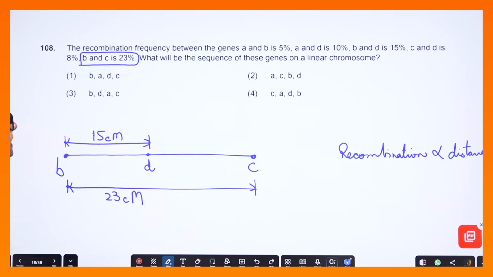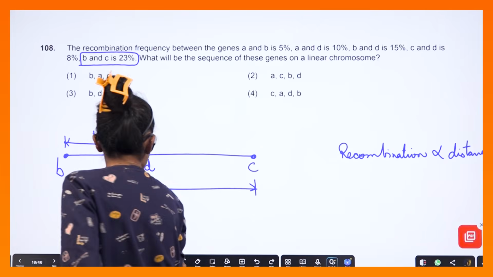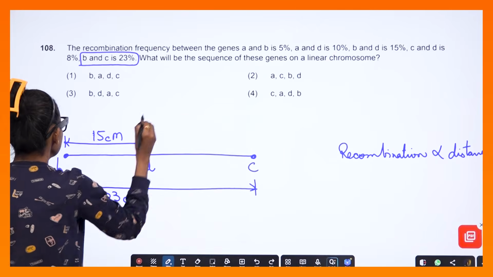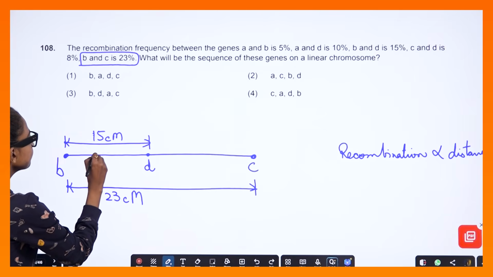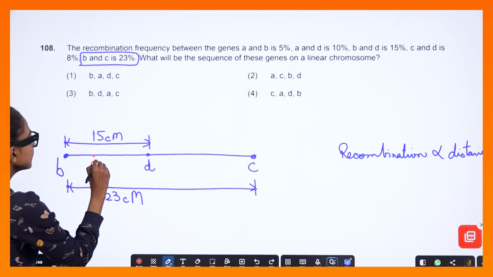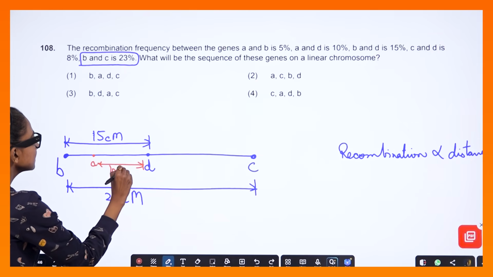Then they are saying AD is 10%. If I put A here, this is 10 centimorgan.